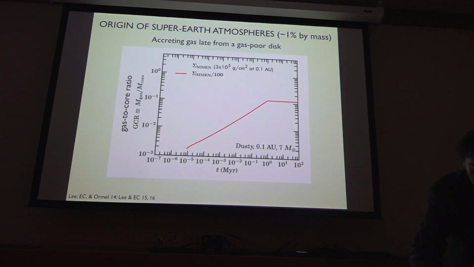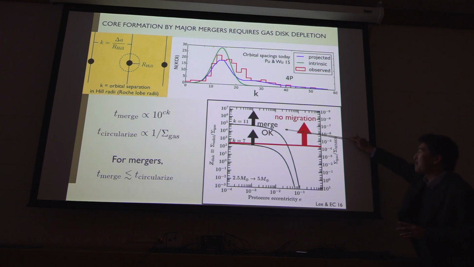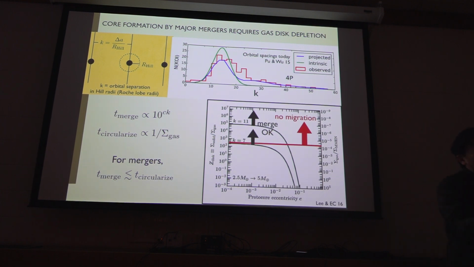Okay, let me move on. With these strong depletion factors, now the question is, can I still reproduce the gas to solid ratios of super-Earths, right? Which are not 1 part in 10,000 or 1 part in 10 to the 7, but more like 1 part in 100.